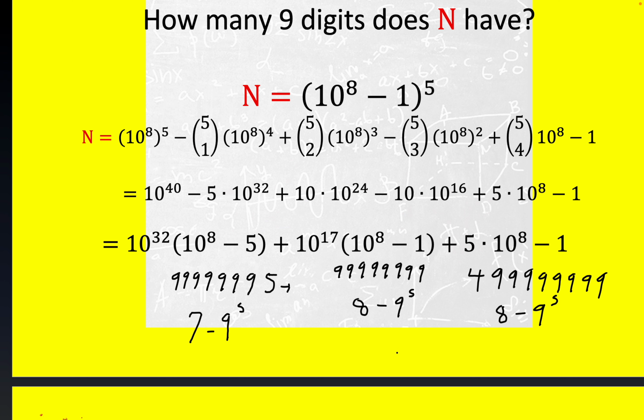Okay, and that looks like it adds up to 7 plus 8 plus 8 is 16 plus 7 is 23. So there are 23 nines. Okay, 23 nines is what I'm getting.